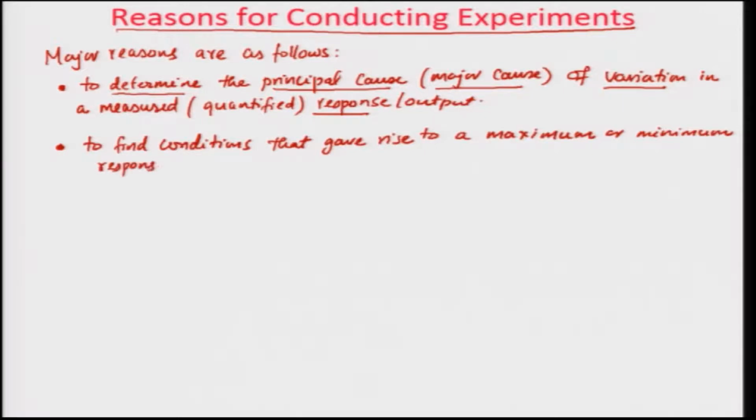I told you earlier that optimization problems are mostly minimization or maximization problems. So, now you can see why we do experimentation: to identify those conditions that resulted in the maximum or the minimum response of the system. This is quite relevant to us.